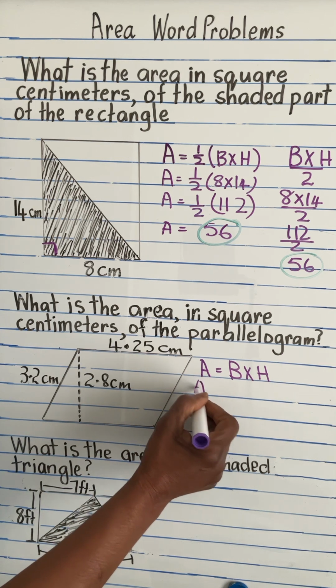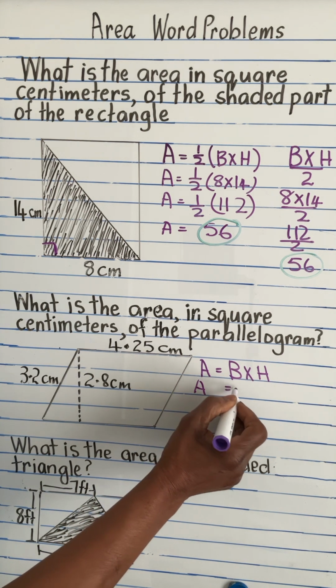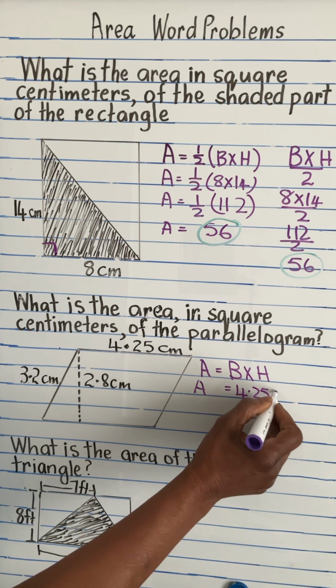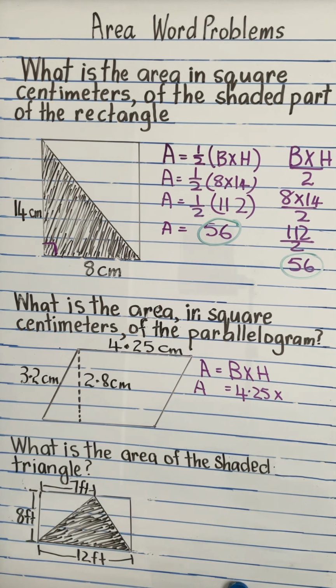So A equals 4.25 times height. In a rectangle, the height can be any side of the rectangle, because the rectangle has 4 straight lines which form a right angle.